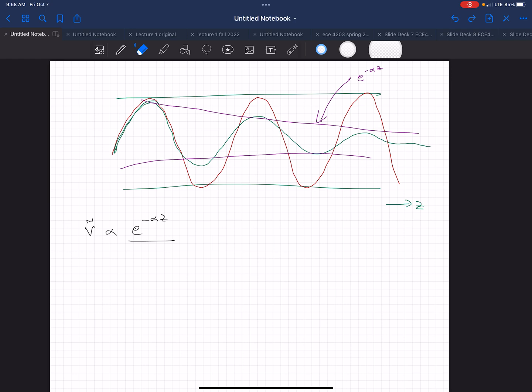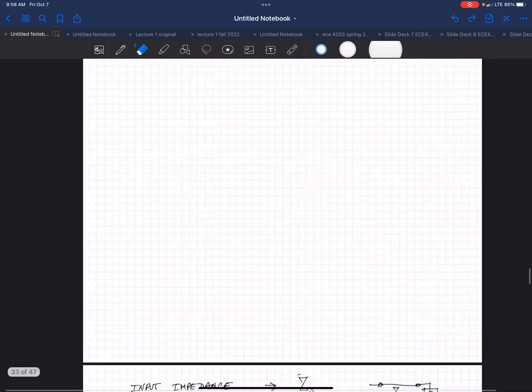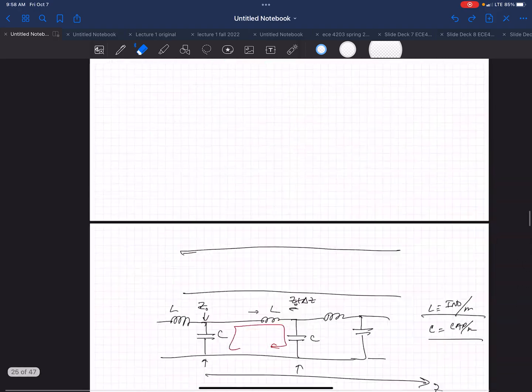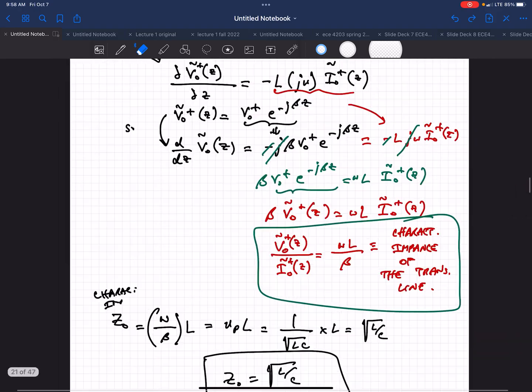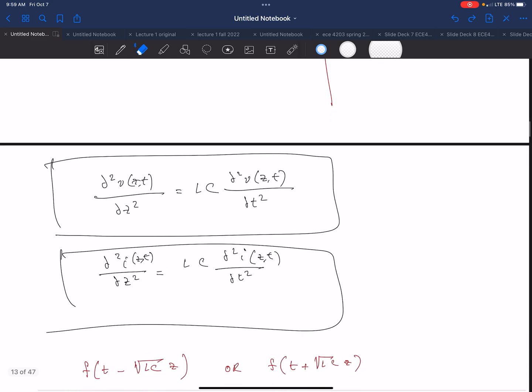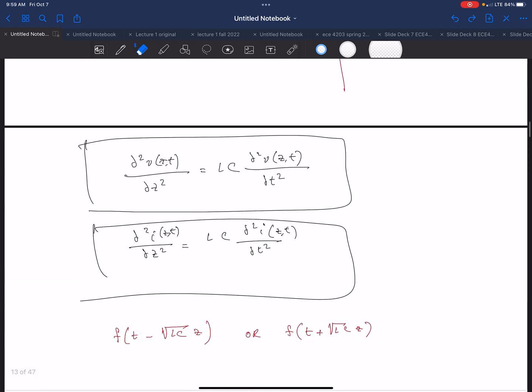Out of that exponential. So let me take you guys way back, because we had the same type of equation for the lossless case. Do you remember that?